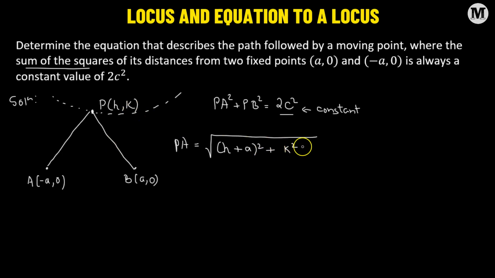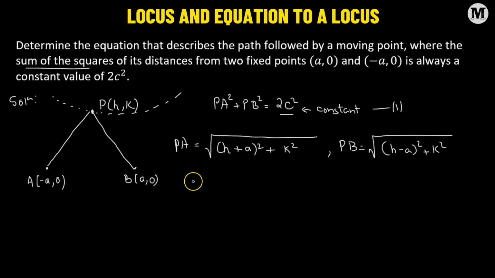Then PB is going to be equal to the square root of (h minus a) whole squared plus k squared. Now let's substitute these two values into our equation number 1.